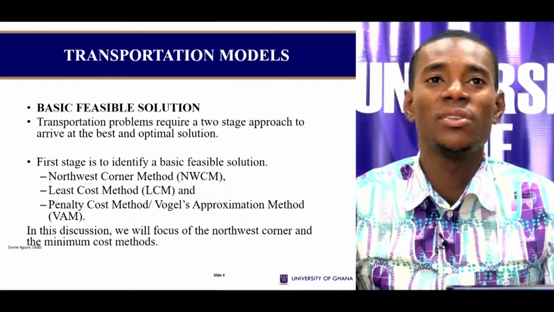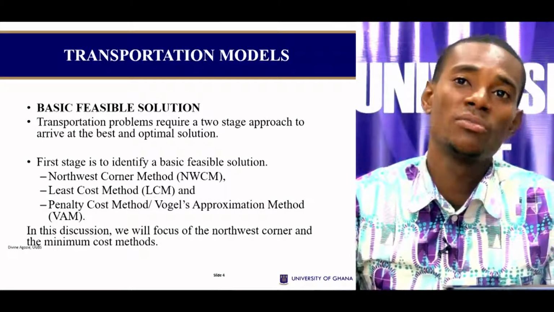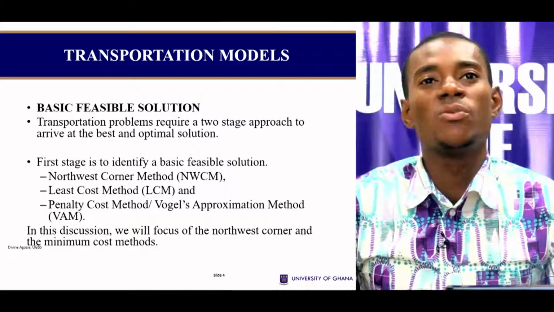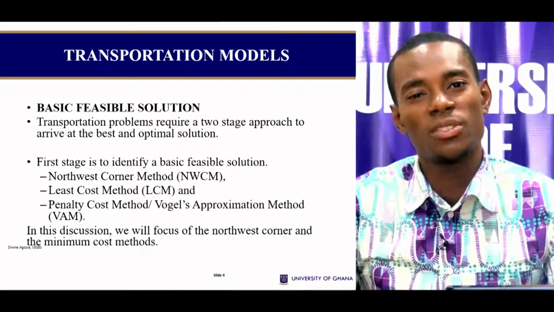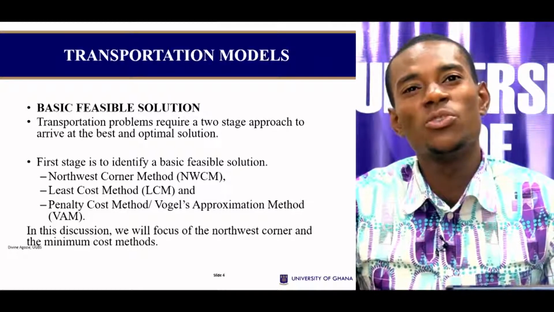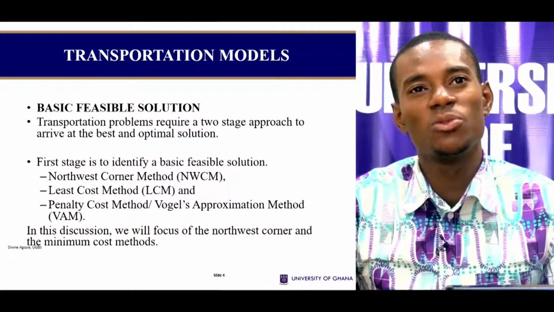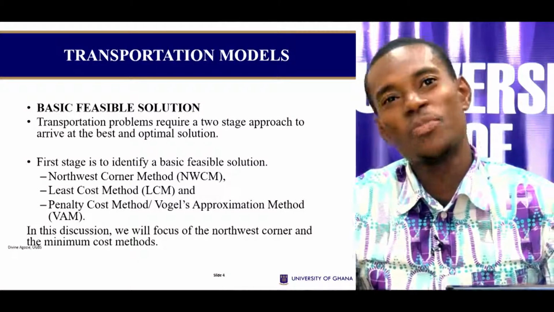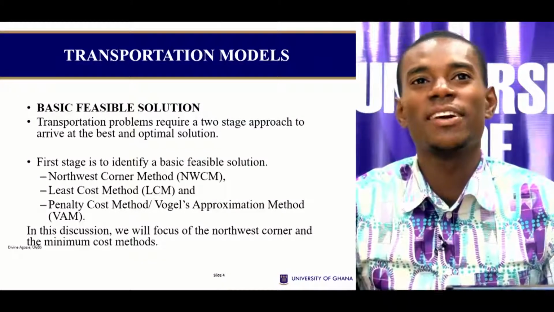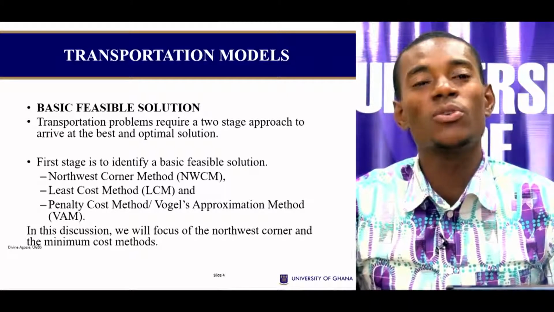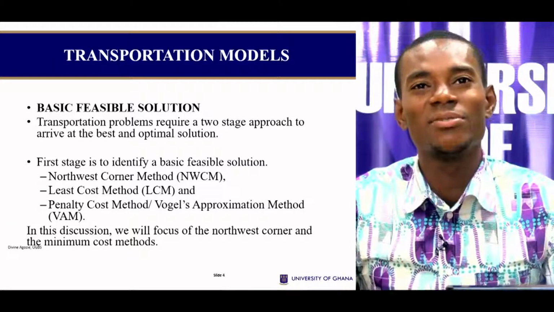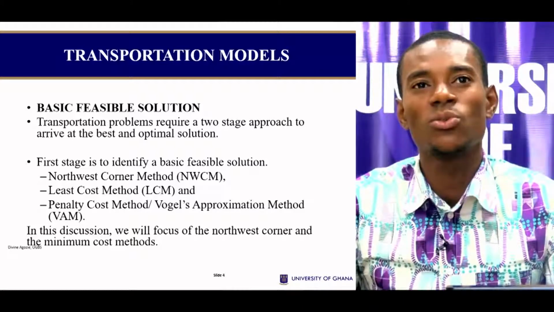Now, the reason why we would not look at Vogel's approximation method is that, whatever you tend to get as the basic feasible solution turns out to be the optimal solution. In fact, let's say 99% of the time, you get it, because it is very scientific and it contains a lot of iterations.